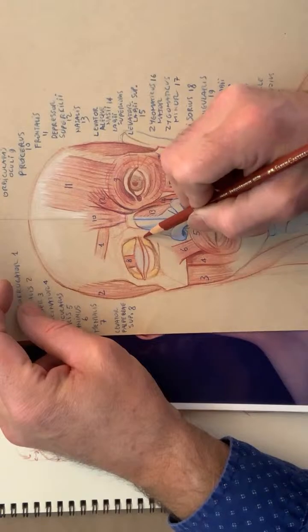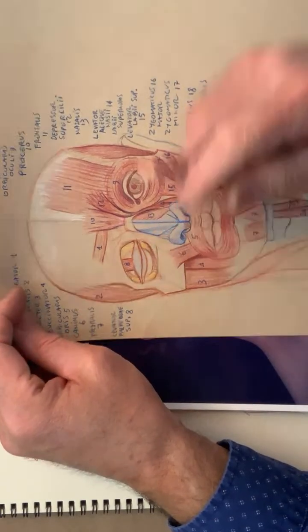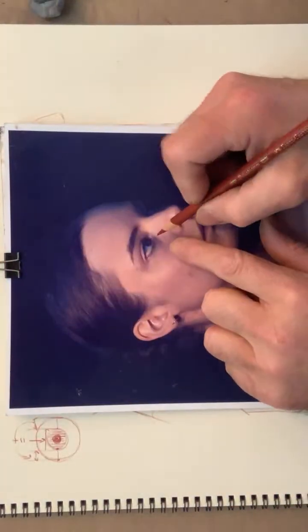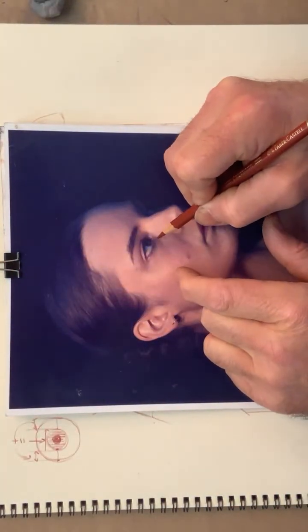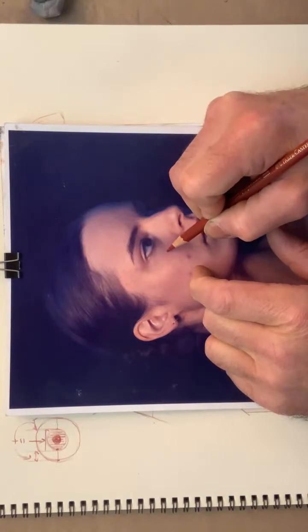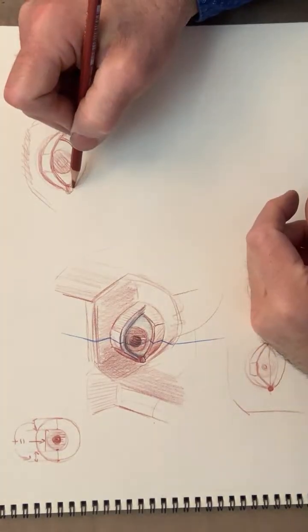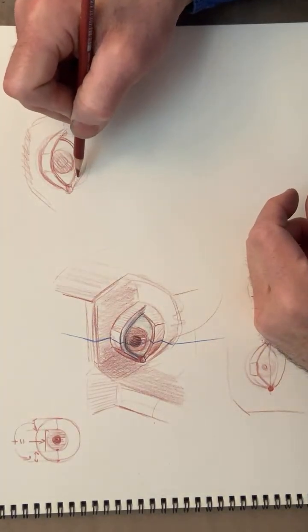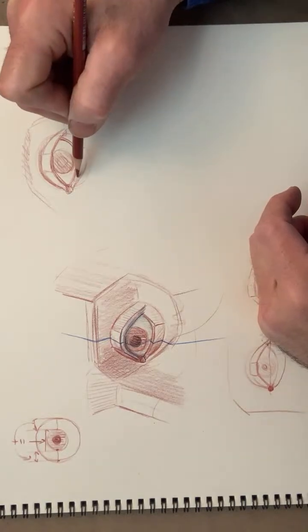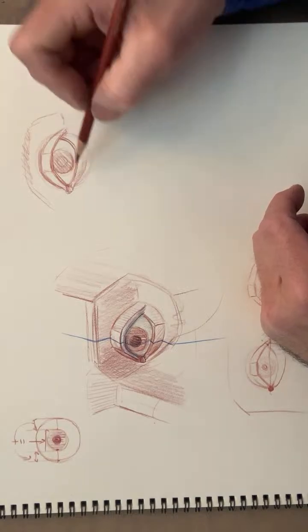So this is the eyelid, that's the fat, and this is the nasal lacrimal ridge here, like this, right? So eyelid, fat, bone. So if you start looking at old master drawings, you're going to see all of those structures inevitably, always there.